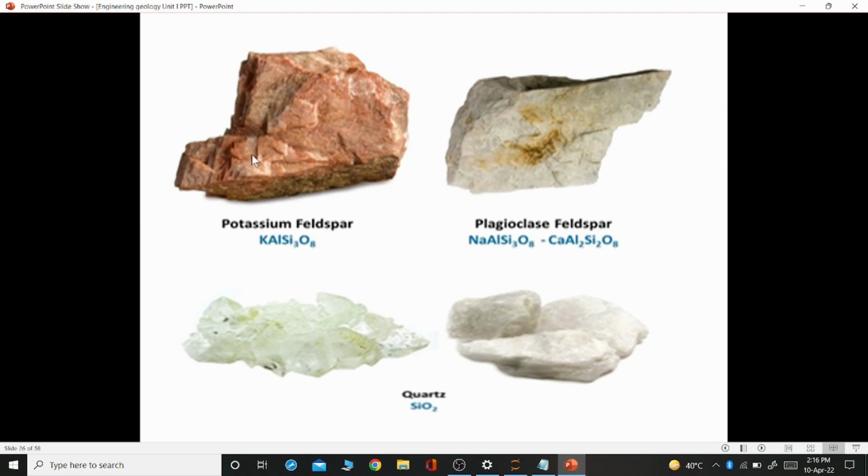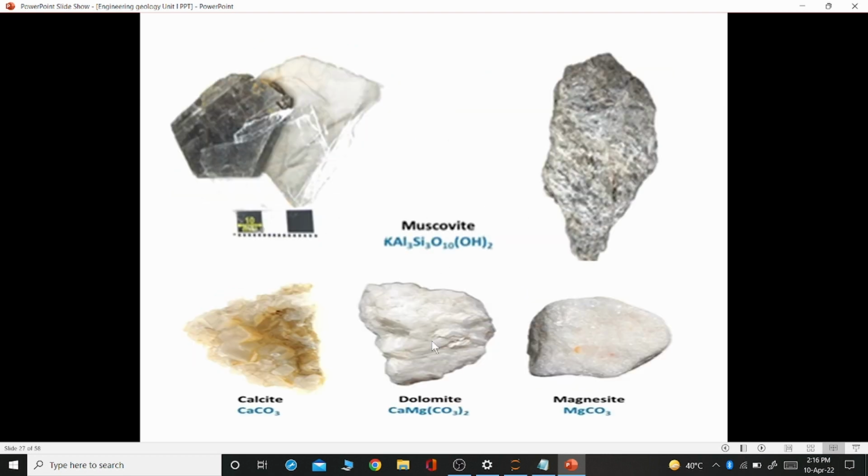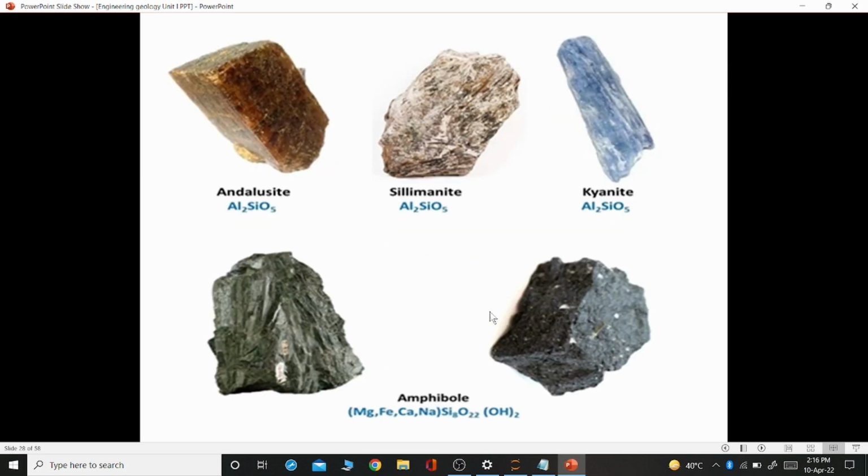This is potassium feldspar, this is plagioclase feldspar, quartz, then muscovite, calcite, dolomite, magnesite, then andalusite, sillimanite, kyanite.